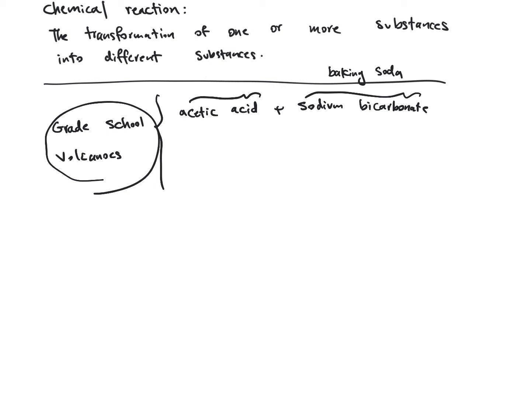And acetic acid is basically our vinegar. And then they produce water, carbon dioxide, and sodium acetate.